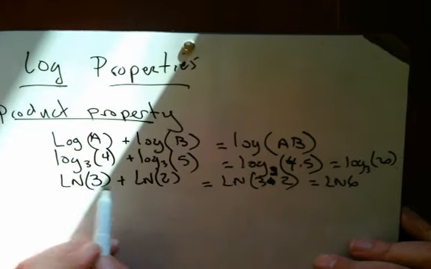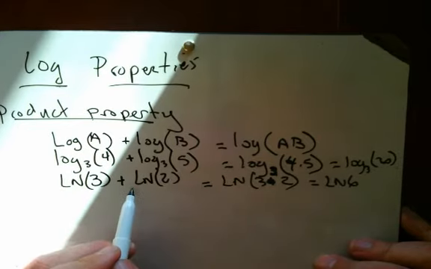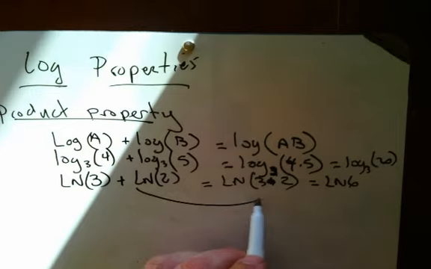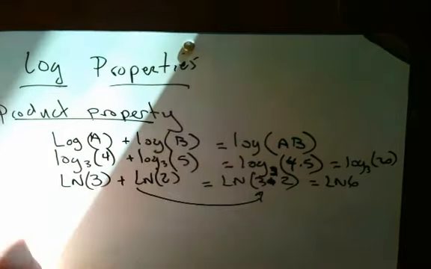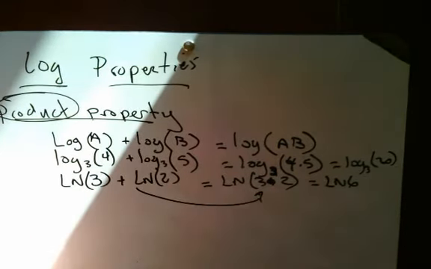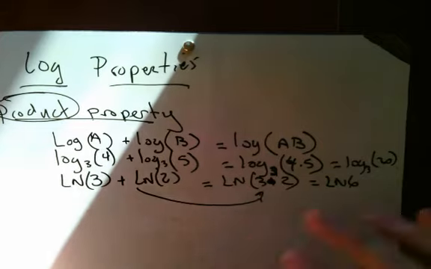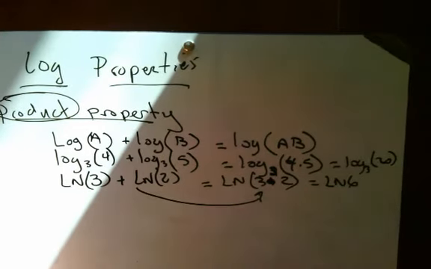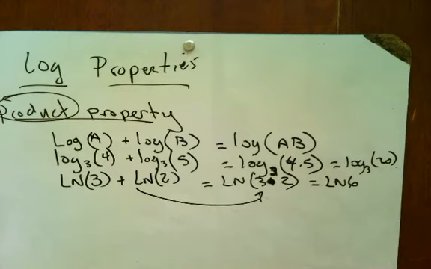The product property is not about a plus inside the log. It's about a plus between 2 separate logs, and I'm going to join those 2 logs as one log with multiplication. Multiplication for our product property.